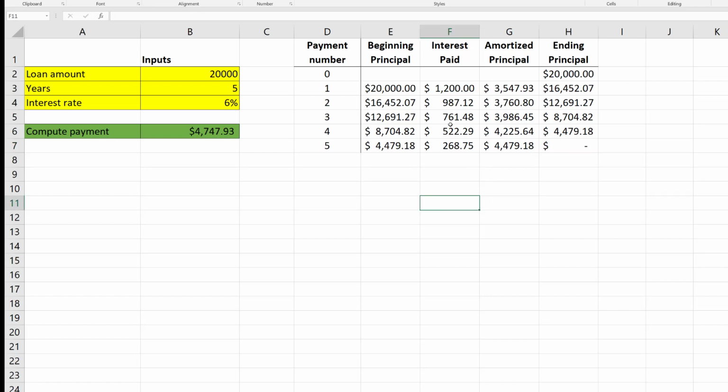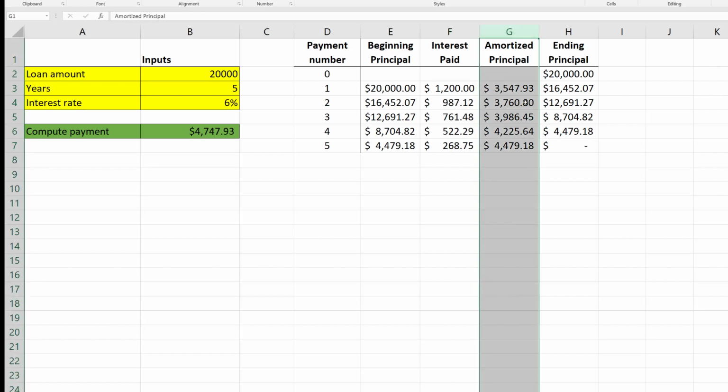Observation number 2 comes from this column. The interest component of the payment declines each period. That is because the interest is calculated based on each period's beginning principal amount. Since the beginning principal amount declines period by period, the interest component must decline as well.